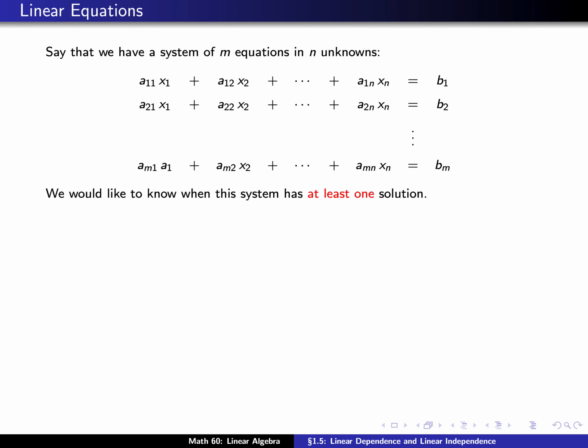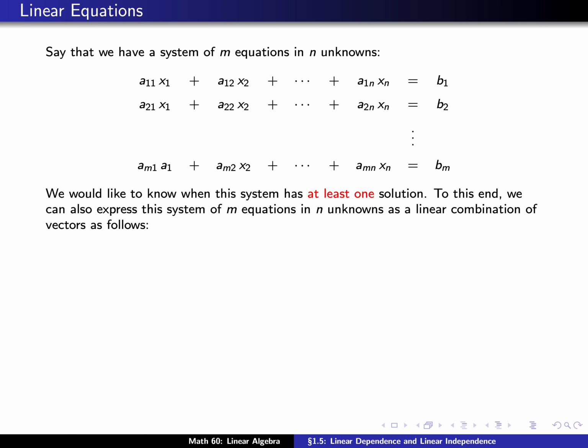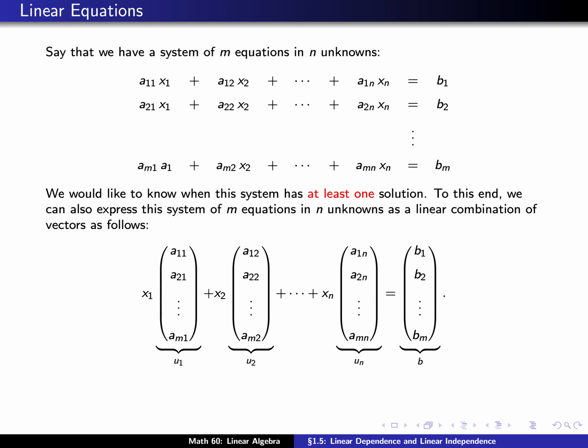To answer this, we're going to slightly rewrite things by using a linear combination of vectors. Let's think of the coefficients a sub 1, 1, a sub 1, 2, and so forth as just being entries in a series of vectors that you can see here on your screen. By looking at the first row, the second row, and so forth, we actually can recover the various equations at the top of the screen.